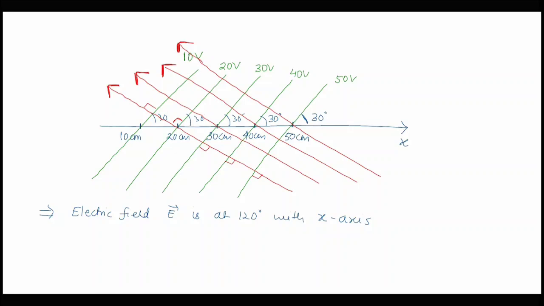If we draw any of these triangles, I am drawing it in black over here, which I will magnify later. If we consider a triangle like this, we can say that the separation between these 2 points is 10 centimeter. This angle is 30 degree and this one is 90 degree, and the electric field is in this direction.